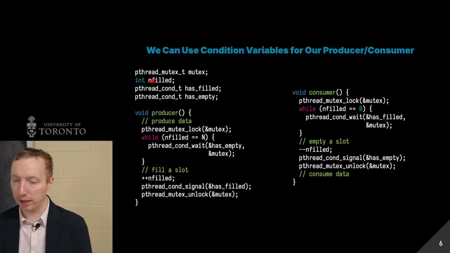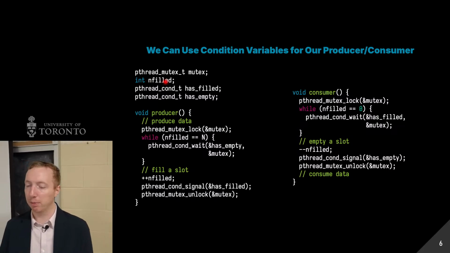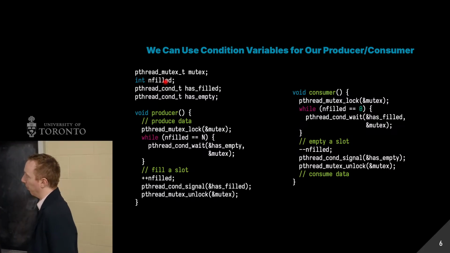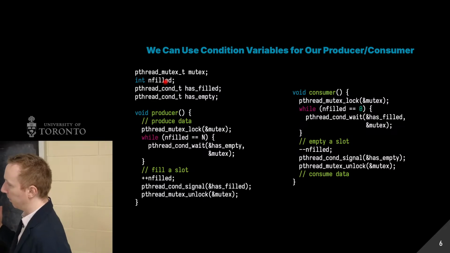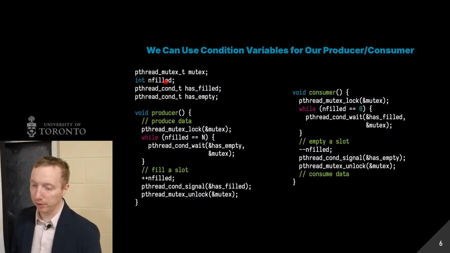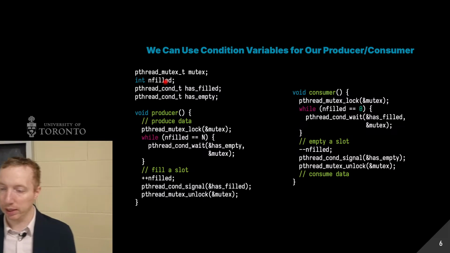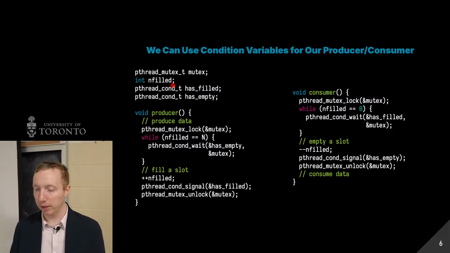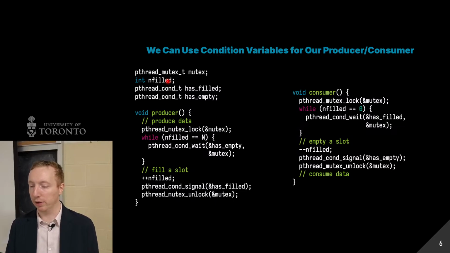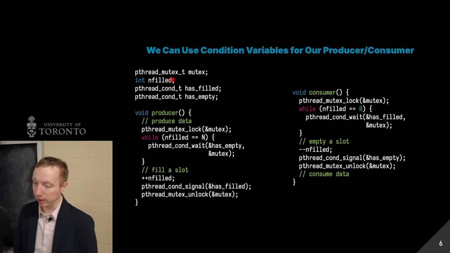We're going to have a single condition that keeps track of how many filled slots we have. So if we have n filled slots, the size of the buffer, it means we have to wait until there is at least one empty slot. And similarly, if the number of filled slots is 0, then we have to wait until there is a filled slot.